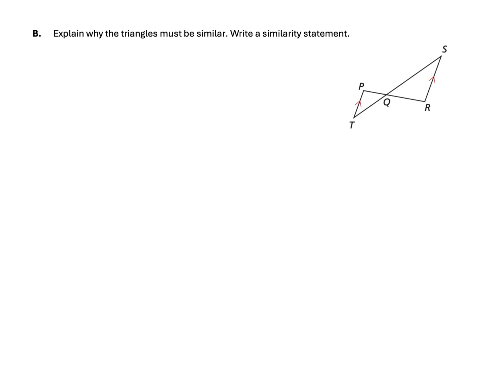Here's another example where we're going to explain why the triangles must be similar. The first thing that hopefully you notice is that there's 2 parallel lines, or 2 parallel segments. We have segment PT is parallel to segment SR. So what that means is we can find some things like alternate interior angles.